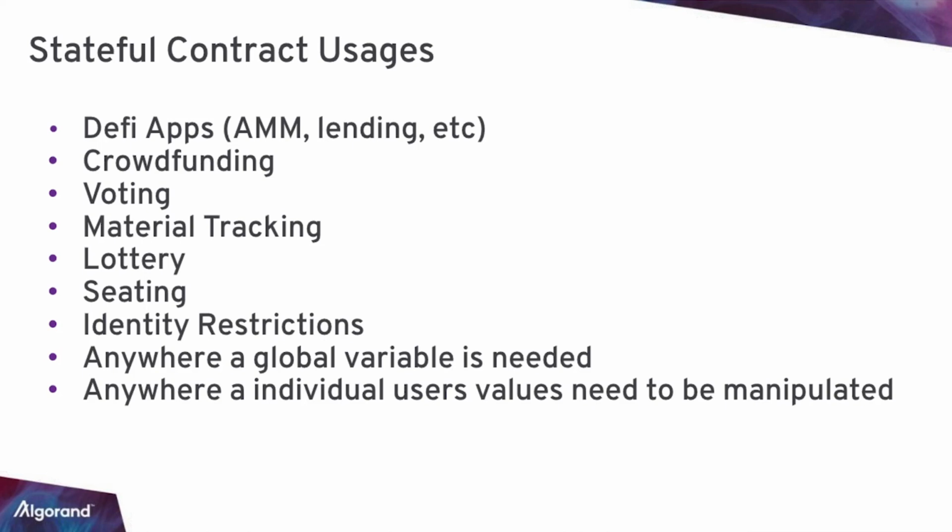In that particular case, it's things like, okay, say I have some KYC requirement, I could store your KYC completion in the Stateful Contract and then verify that you've done those things before I allow you to do things like transfer an asset. Essentially, you're going to use Stateful Smart Contracts anytime a global variable is needed, or you need value stored per individual who's wanting to use your contract. So those are the primary use cases for Stateful Smart Contracts.